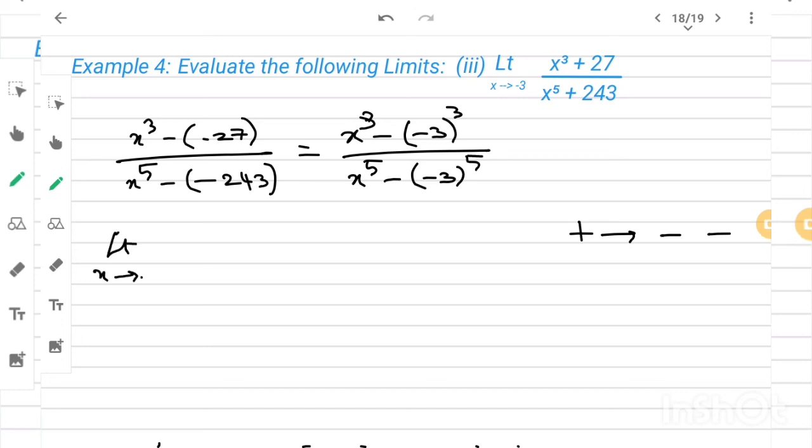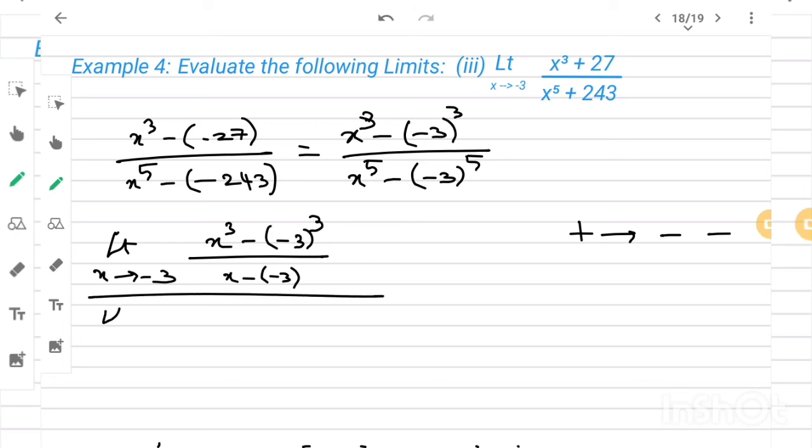Limit x tends to −3, and here it will become (x^3 − (−3)^3) whole divided by (x − (−3)), and in the denominator limit x tends to −3, (x^5 − (−3)^5) whole divided by (x − (−3)).